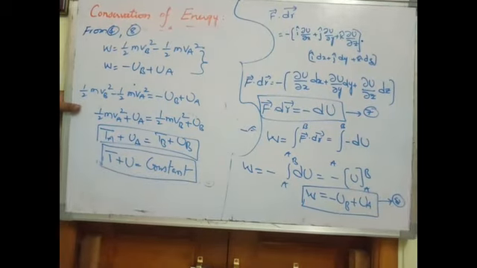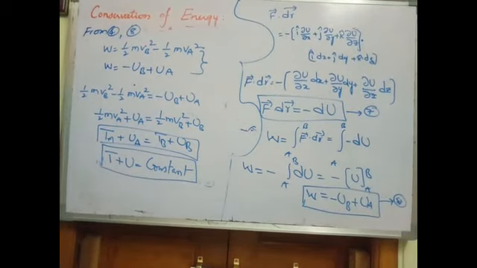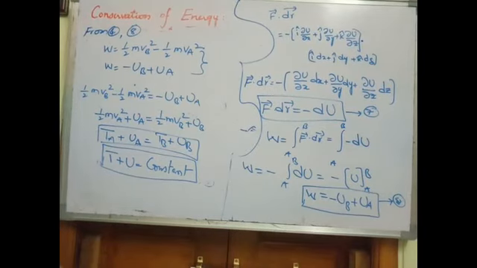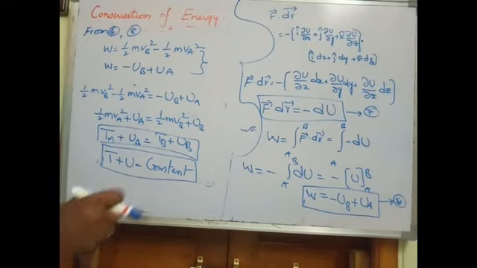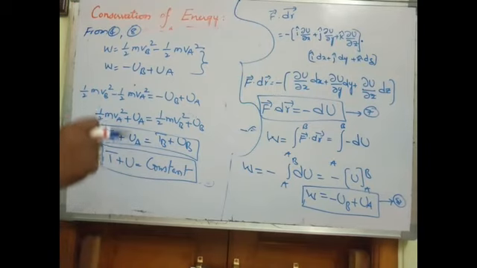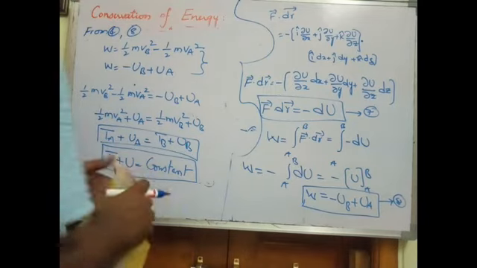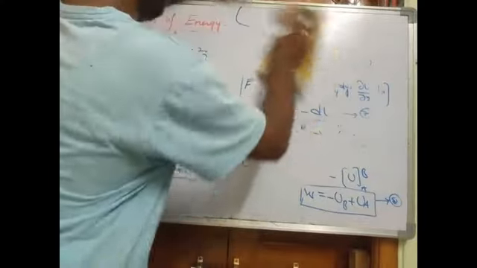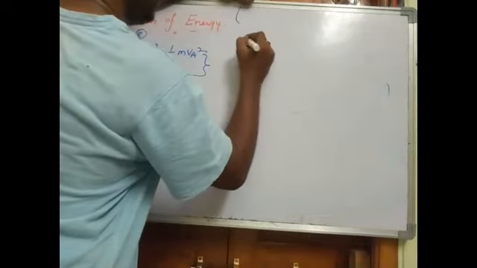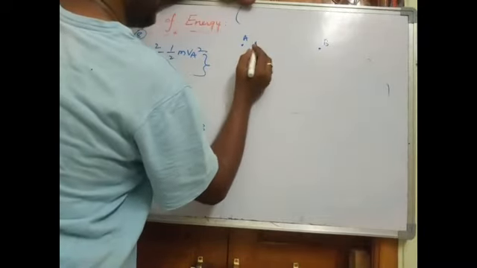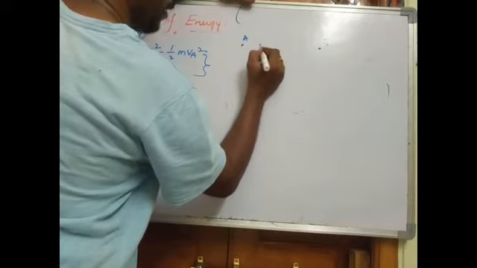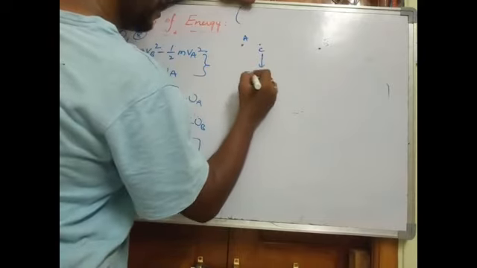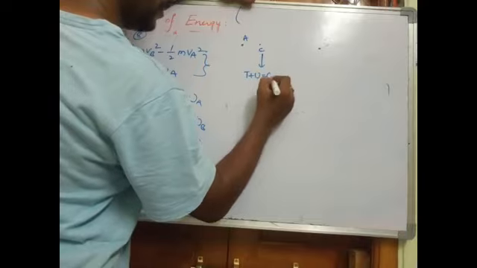The sum of kinetic energy and potential energy is constant throughout the motion of the particle from A to B. Wherever the position you take, the total energy of the system is always a constant value. For example, if you take point A and point B, and now assume a point C here, we get a T plus U value that is constant.